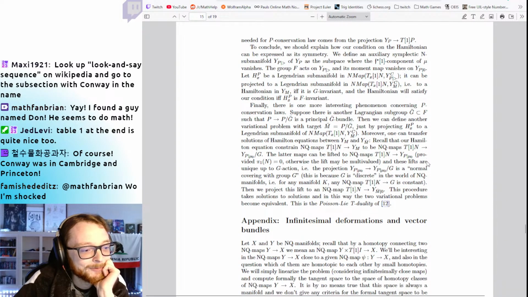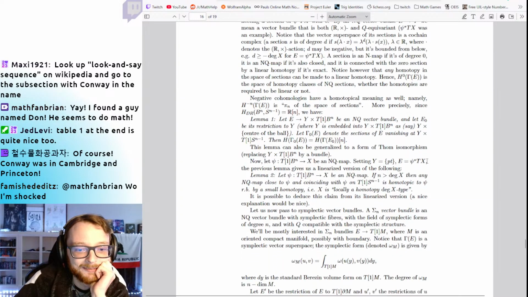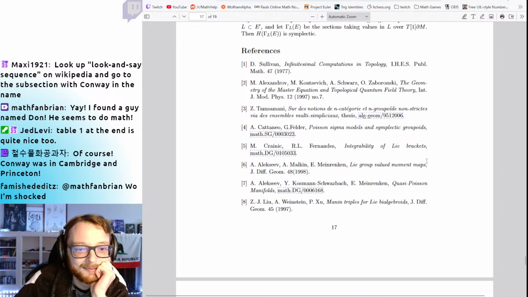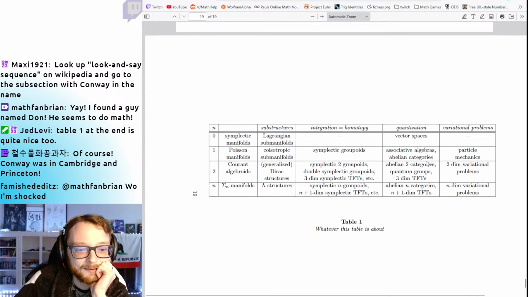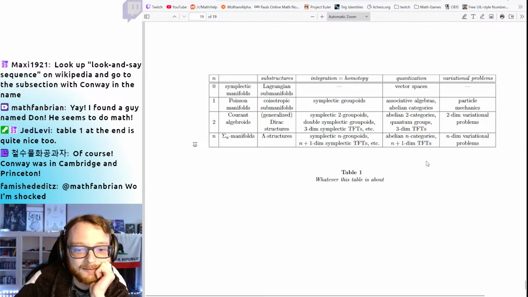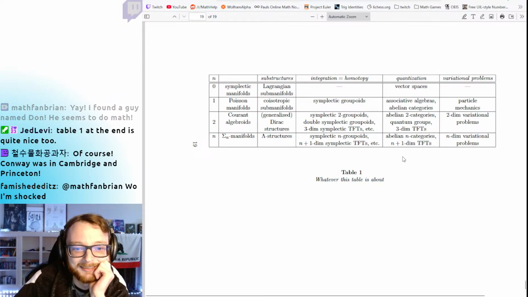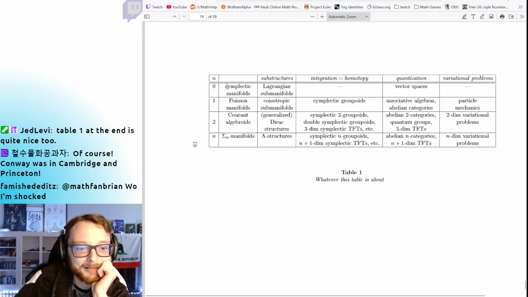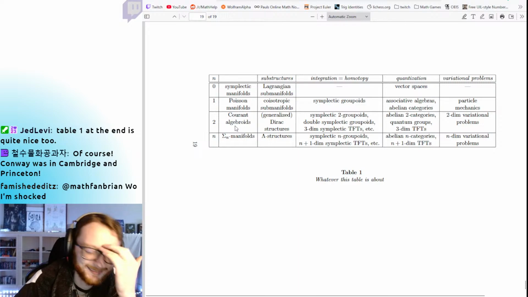Look and say sequence on Wikipedia? Okay. Table 1. Whatever this table is about. Great caption. Symplectic manifolds. Poisson manifolds. Courant algebroids.